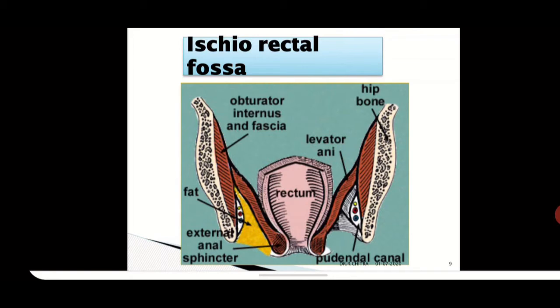So that is the situation we saw. And you see it is filled with fat, given in yellow color. That's why it acts as an elastic cushion. So I think you should now have understood the wedge-shaped form of the ischiorectal fossa also. Here the skin is removed so that we enter the ischiorectal fossa on either side of the anal canal.